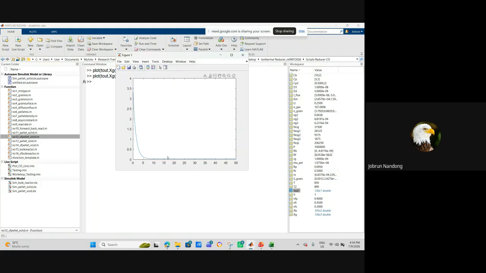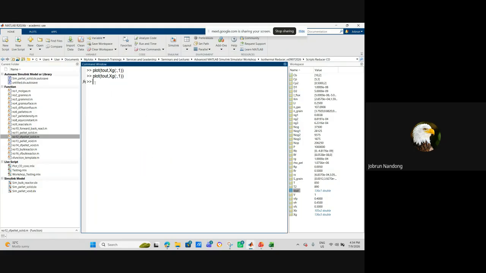So now if you want to update the initial value, you type like this. Get N equal to length of tout, right? So 136 data points. We want to get the steady state value, so maybe we just type xg.